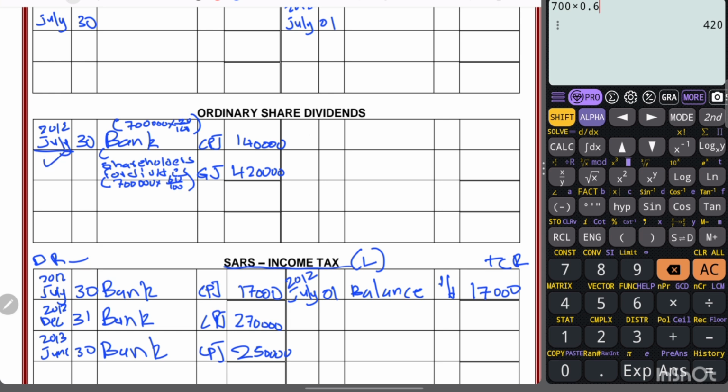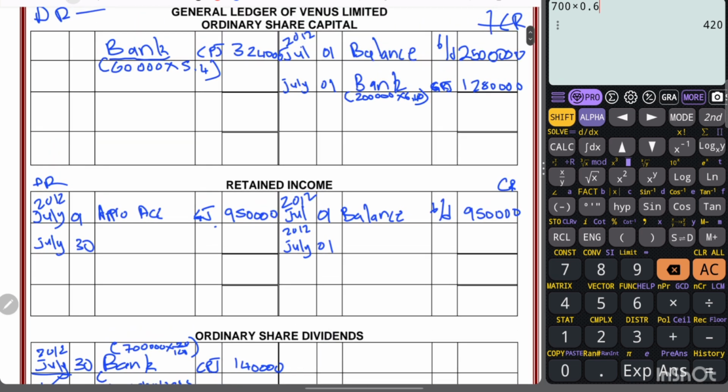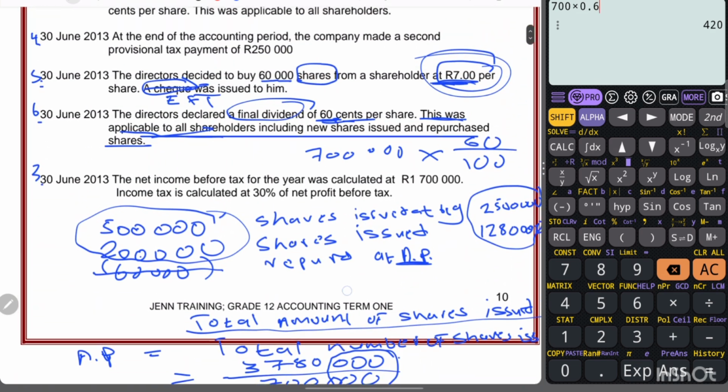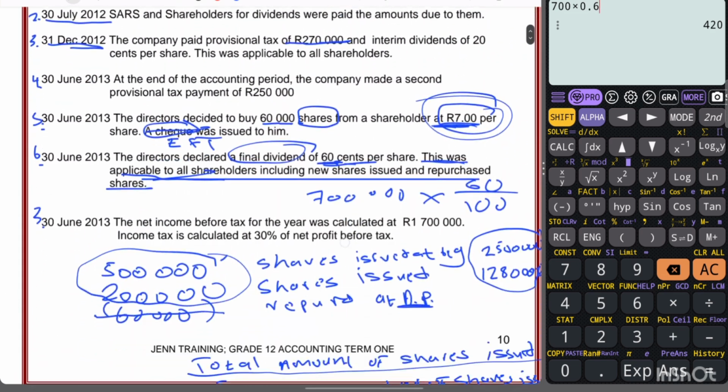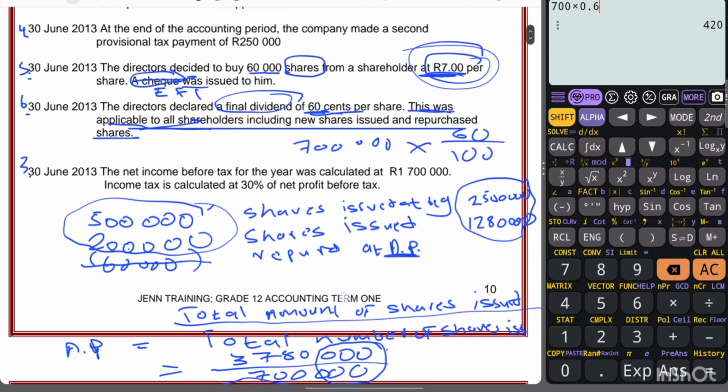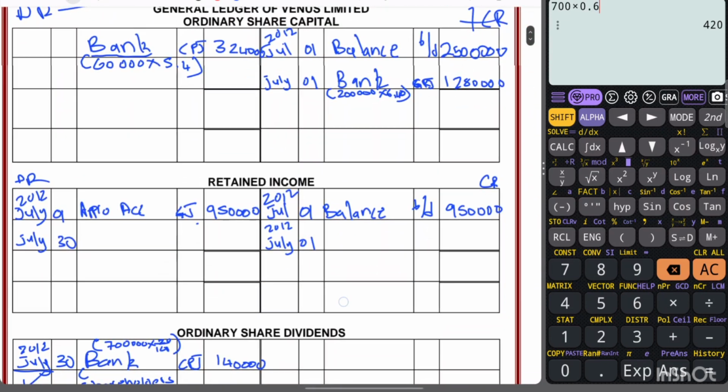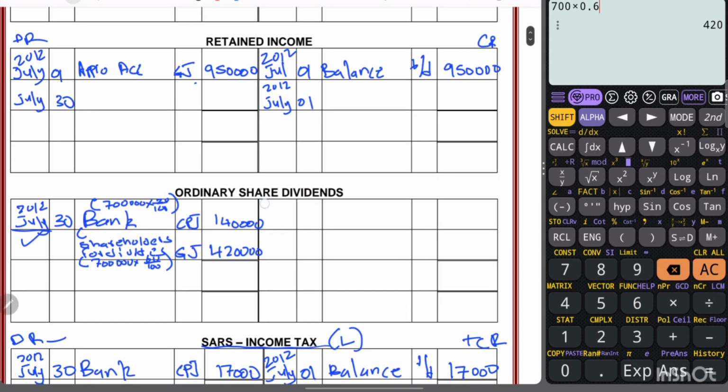And then at the end of the year, when is our financial year ending? Our financial year ends on 30 June 2013. Then on 30 June 2013, we're going to close this one to the appropriation account, general. Then we just add the 2.